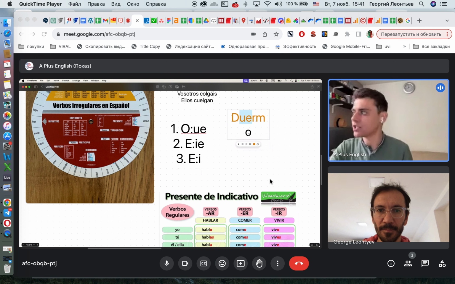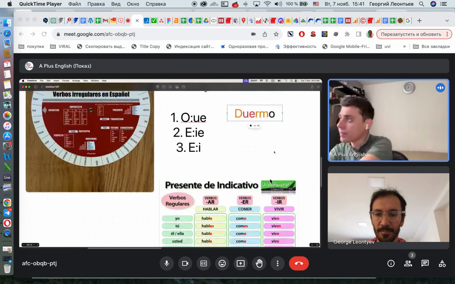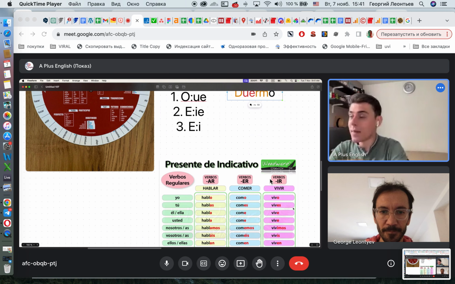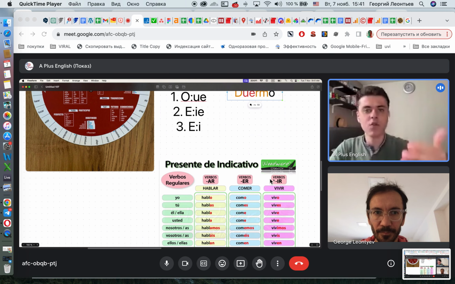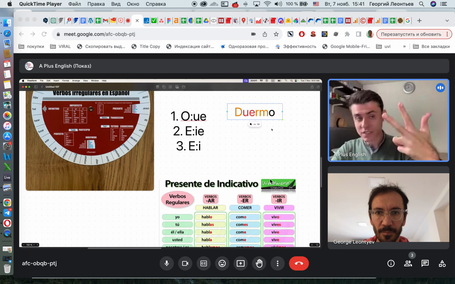That is called a stem-changing verb. The O is the ending; the O changes normally, like a normal verb. Dormir is an IR verb, so yo dormo, tú dormes, él dorme, nosotros dormimos, vosotros dormís, ellos dormen. But because dormir is stem-changing, we have to change it for yo, tú, él, ella, usted.